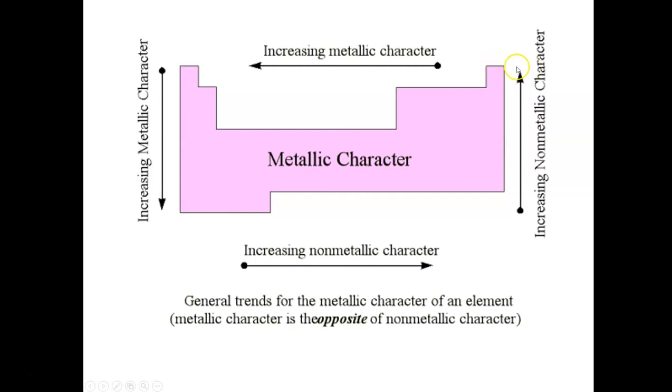That means that over here in this corner, this element right here is the most nonmetallic out of all the nonmetals. Out of all the nonmetally things that things can do, it does it the best. And this would be helium. And then, again, as things go further this way and further this way, when they meet right in here, that's the dividing line. And we say generally this is when things start to switch over between metals and nonmetals.